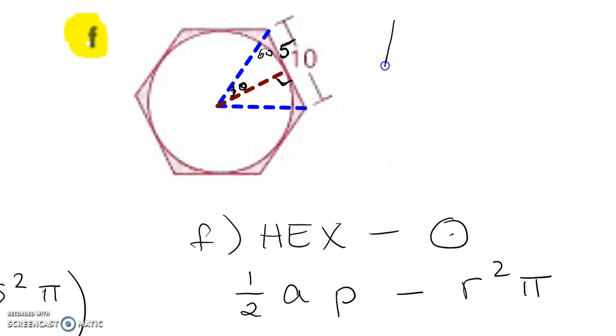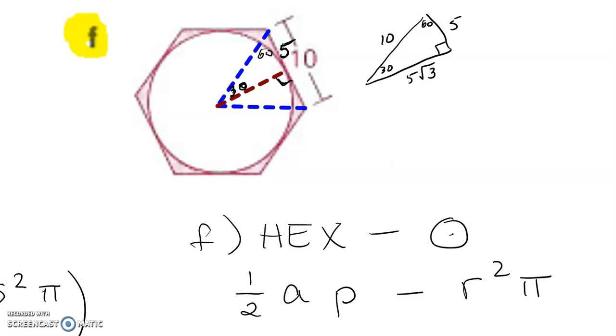So now when I'm looking just at that triangle, then this would be 5 root 3 and 10.